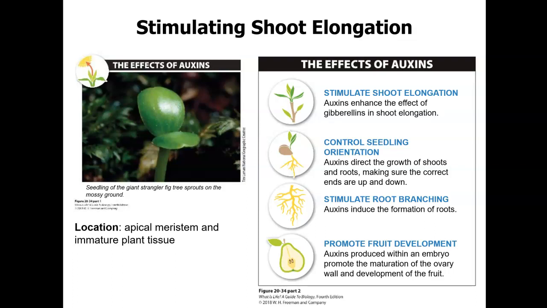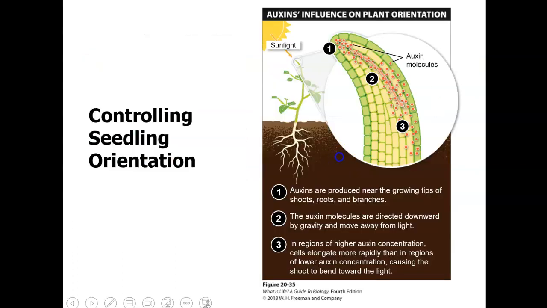It also helps with the promotion of fruit development. Auxins are produced within the embryo and promote the maturation of the ovary wall and develop that fruit. The location of this is the apical meristem and immature plant tissue.